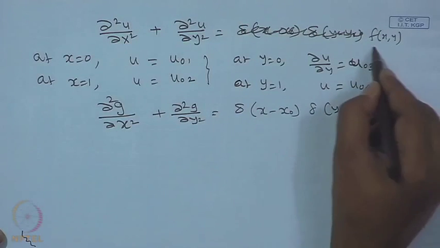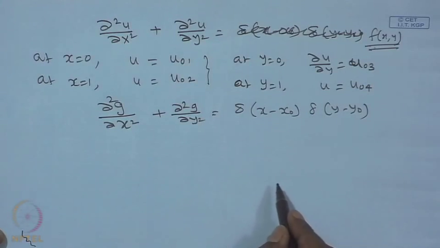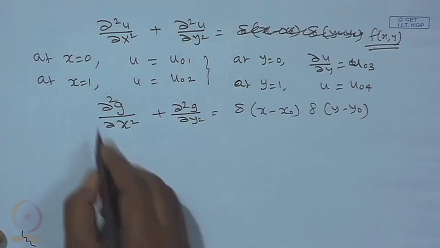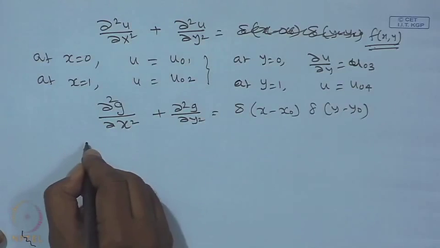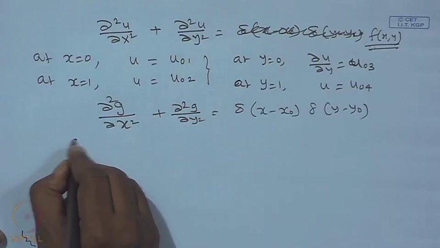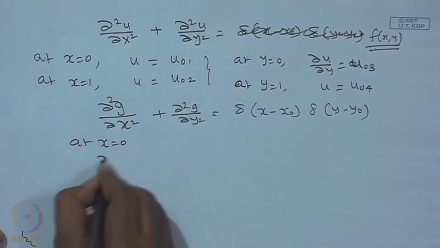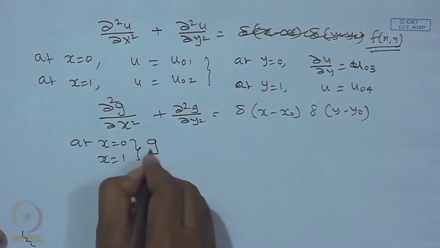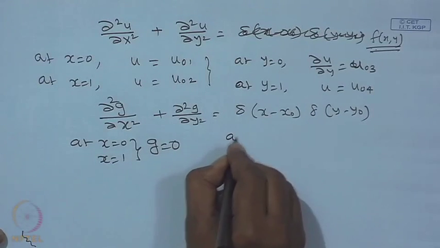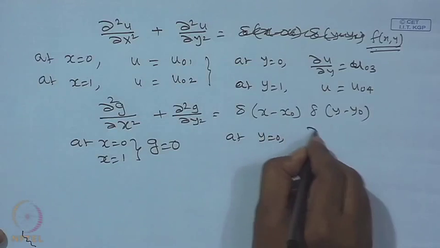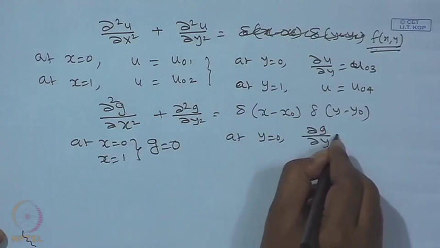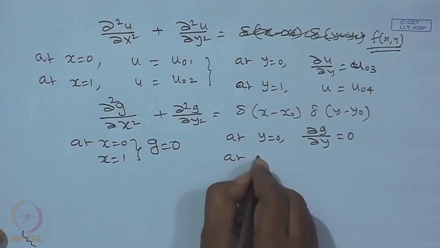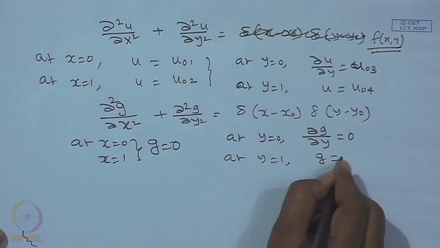We are replacing the non-homogeneous term in the governing equation by the Dirac delta function, and the boundary conditions on g will be g is equal to 0 at x is equal to 0 and at x is equal to 1, del g del y is equal to 0 at y is equal to 0, and g is equal to 0 at y is equal to 1.